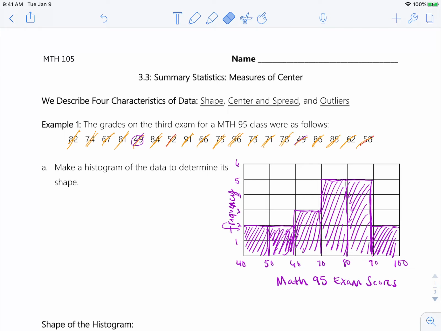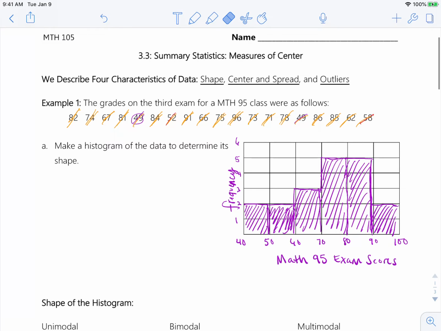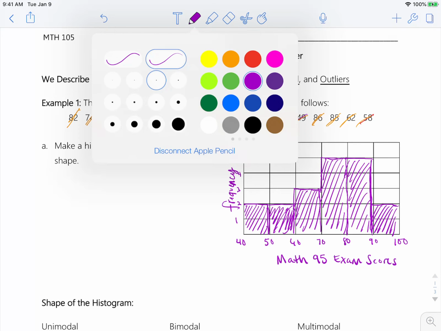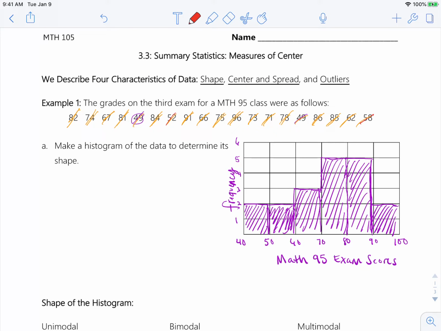All right. So now we are going to use this histogram to figure out some ideas of this shape. So I'm going to go ahead and give myself a different color. And if you were to draw a curve along these vertices of the boxes, hopefully you agree that it would look like that.